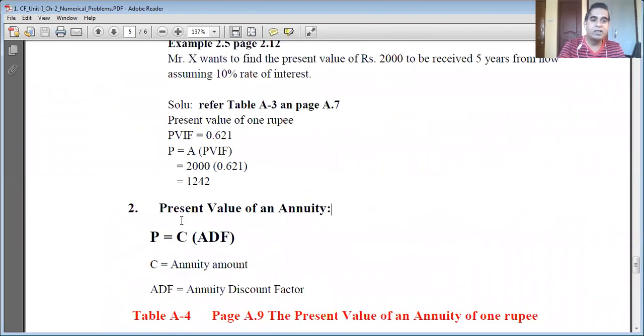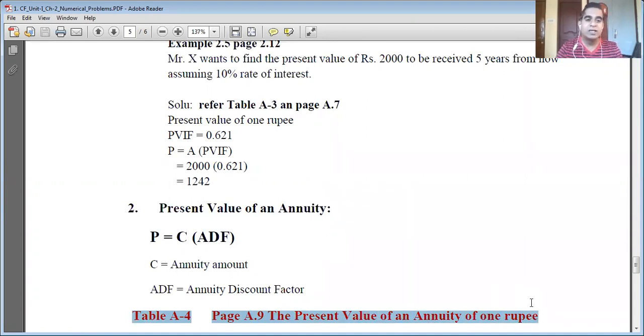Then we went ahead with how to find out the present value of an annuity. Annuity is a stream of equal, the word is important, equal annual cash flows. Okay, so we learned how to find out the present value of an annuity, for which we referred table A4, the present value of an annuity of 1 rupee.